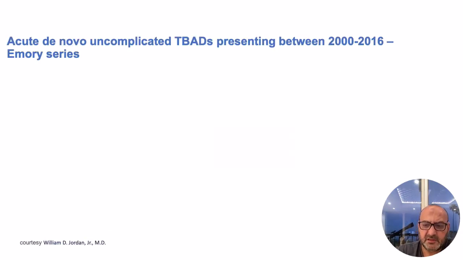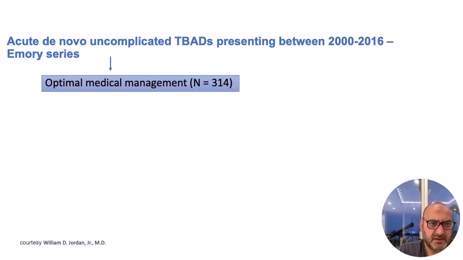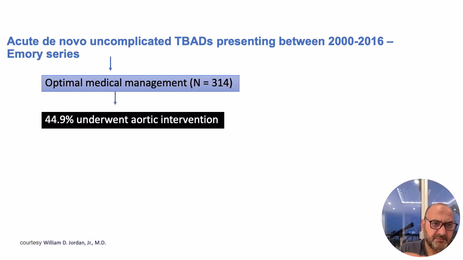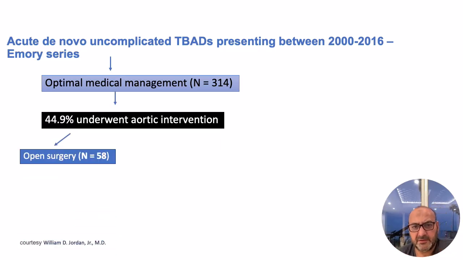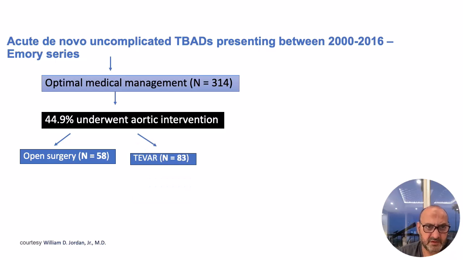When you look at this study from Emory, the numbers are small, but it's a good study. Look at the optimal medical management, 314 patients. Of those, almost half underwent aortic reintervention while they were waiting. You look at the open surgery, 58, I apologize, 58 patients, TEVAR 83 patients.